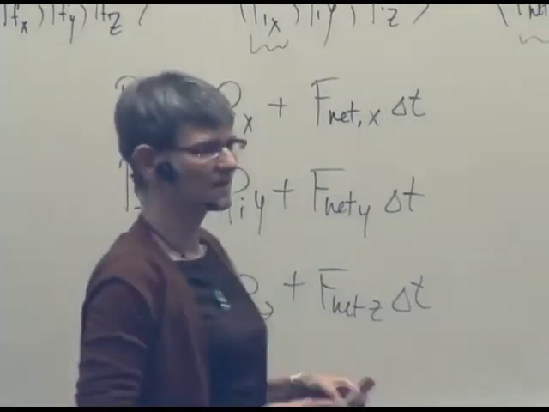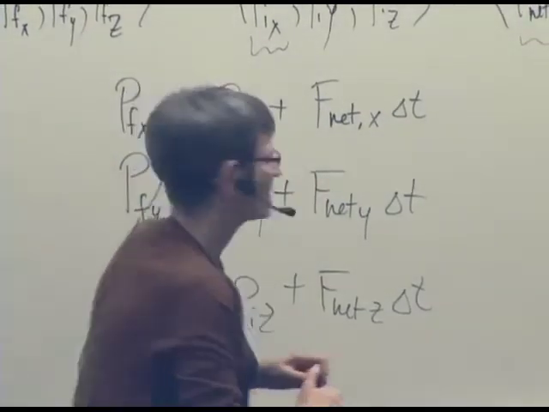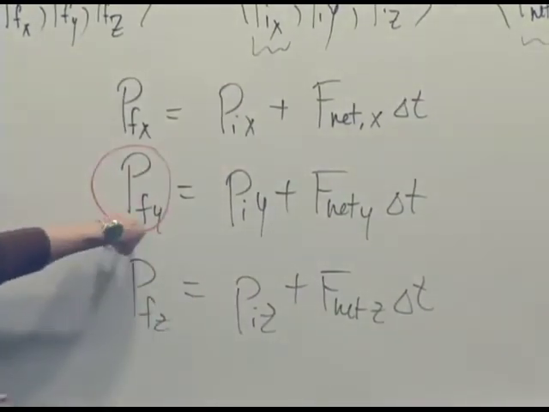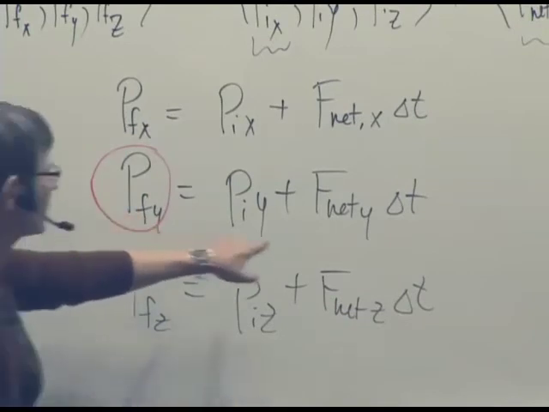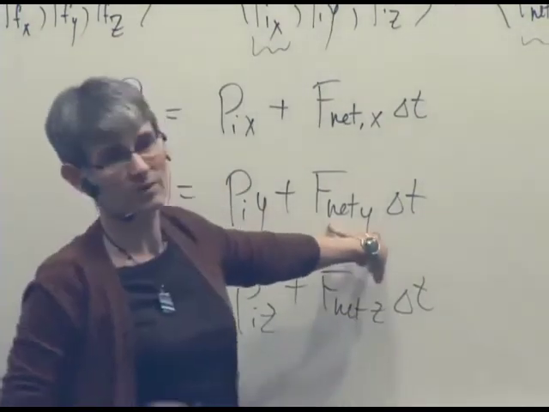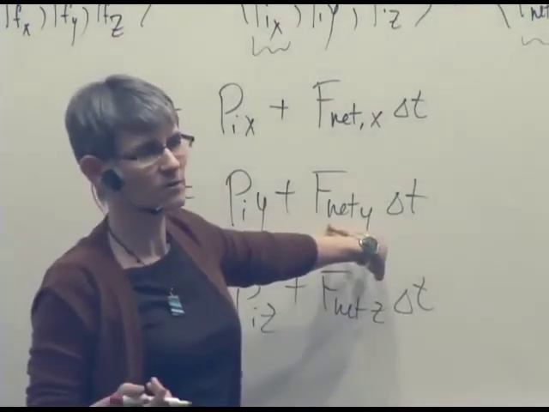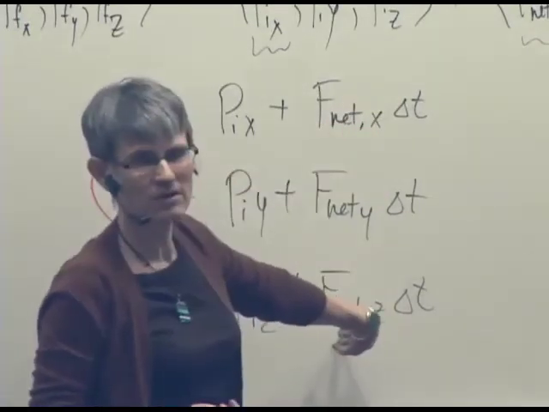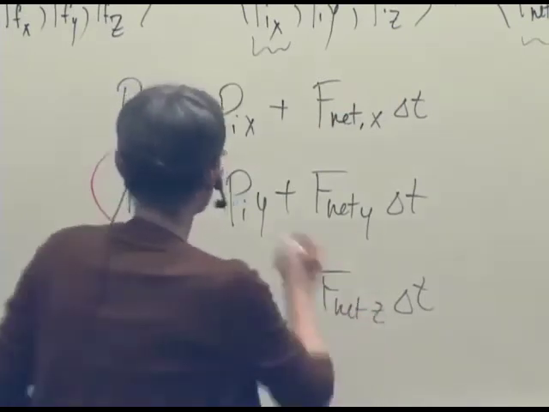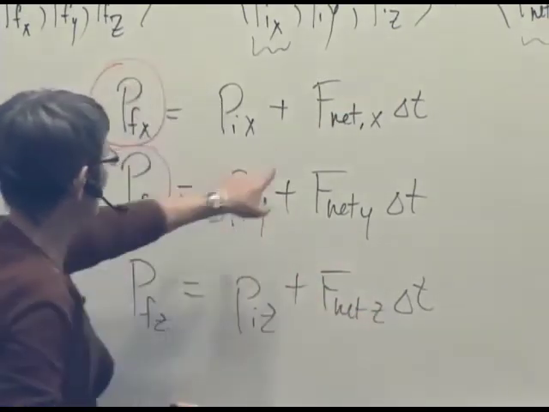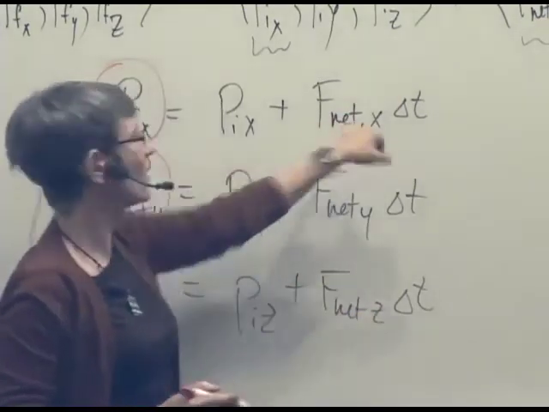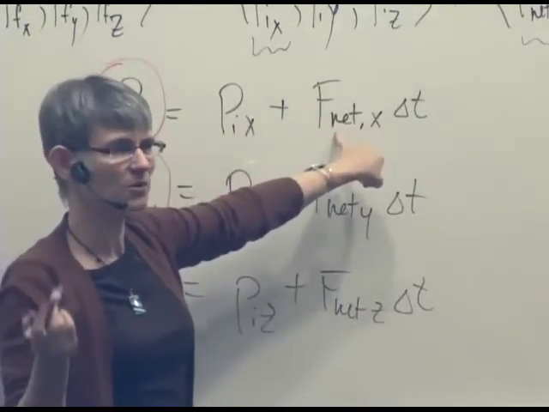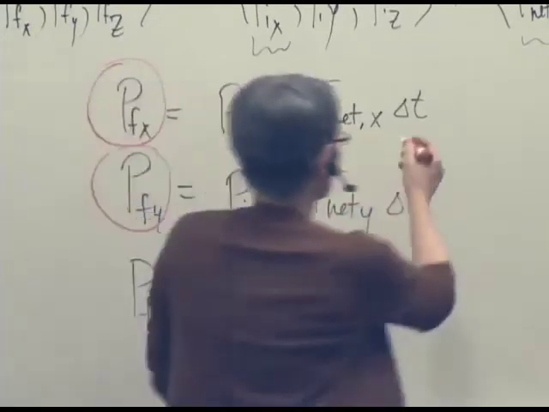Okay, you're going, yeah. But notice what's not there. Notice that the future Y component of momentum only depends on the Y component of the force. This component isn't here. That component isn't here. The final X component of momentum only depends on the initial X component and the X component of the net force.